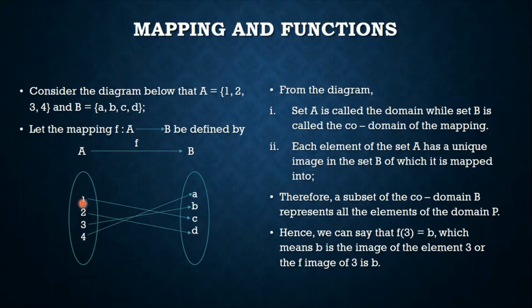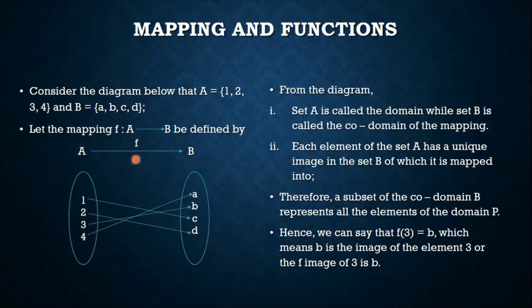For example, the element 2 in set A has an image D. The element 3 has an image B, and 4 has A. So the elements in the codomain, or in the set B, are representations of elements in the domain. So we can generally call this a mapping. Is that okay?